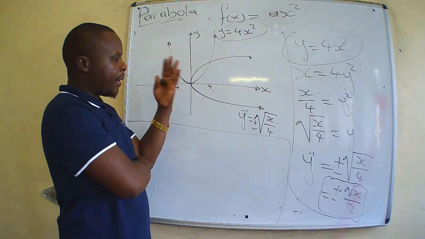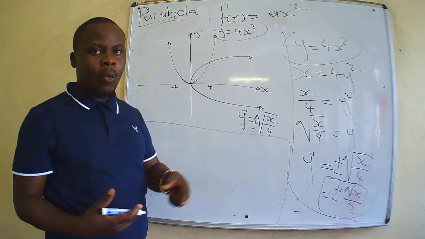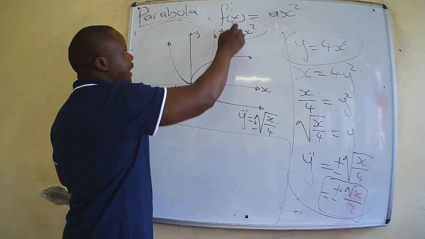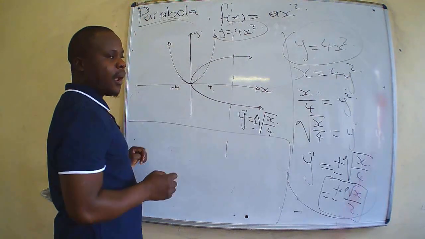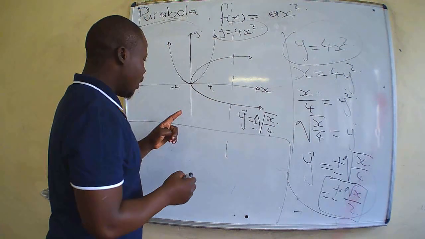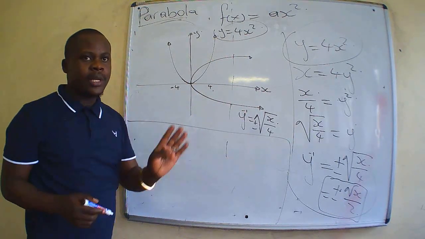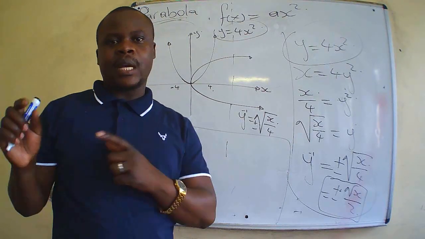The inverse of a parabola is not a function. Why not? Because when we draw a vertical line, it will pass through 2 points on our inverse. So the reason this inverse is not a function is that it does not pass the vertical line test.